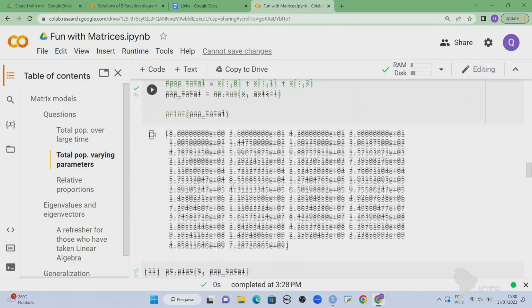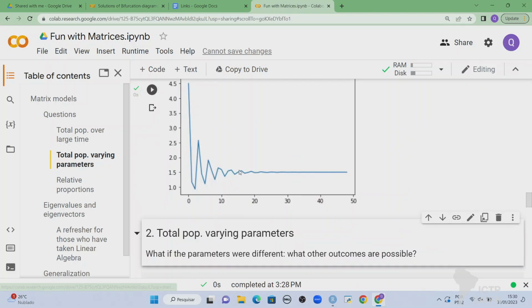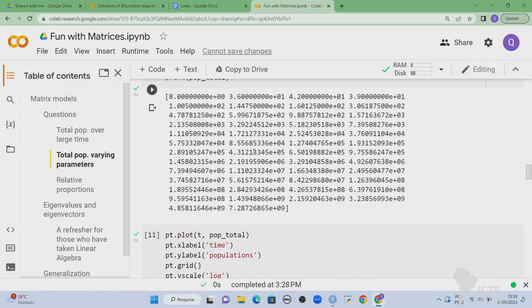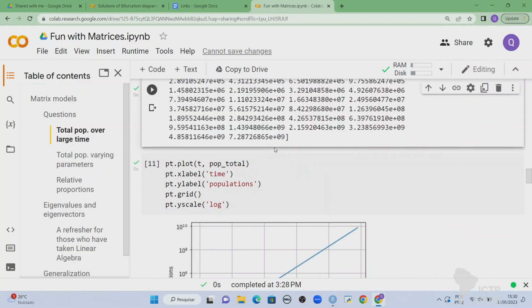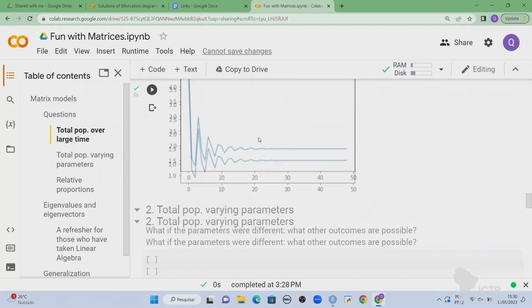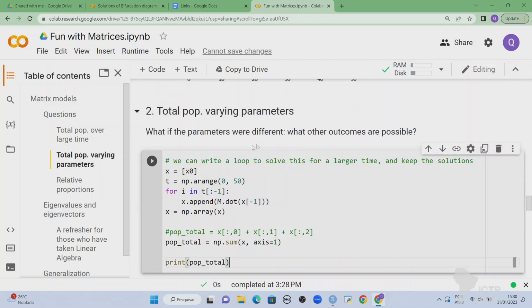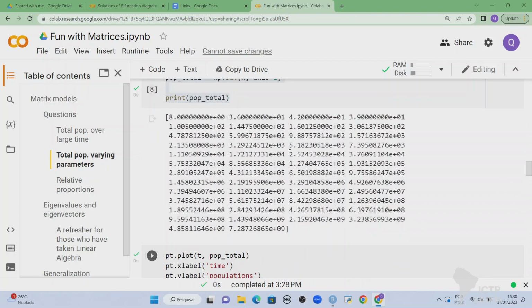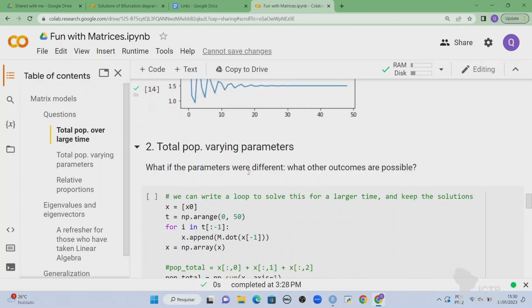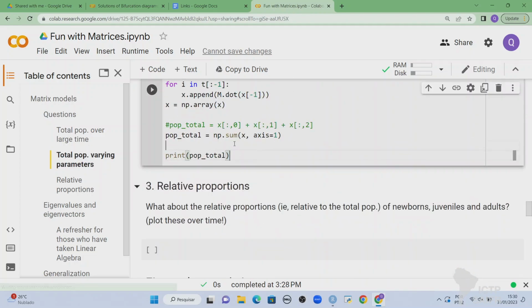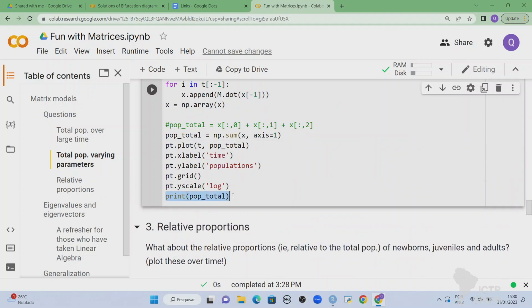Good, so what do we do now? Now I want you to check if all of this is still true if I have different parameters. So what I'm going to do is put all of this again over here and plot this together, without printing the total population.